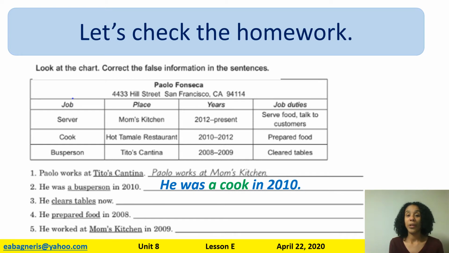Let's look at number 3. He clears tables now. Again, they're using present tense. We've been working a lot with present tense or past tense in this unit. Let's see, is that what his duties are now, to clear tables?